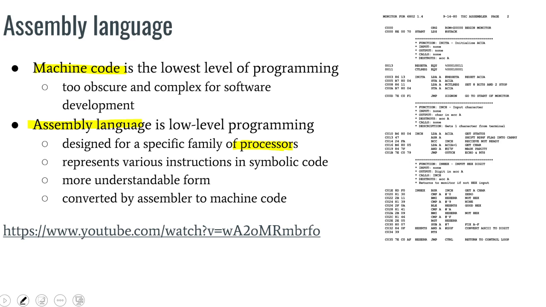So we will have things like add, multiply, and we would use that to program, and then we would use assemblers to convert them into machine code. So that is a way that we would use assembly language programming.